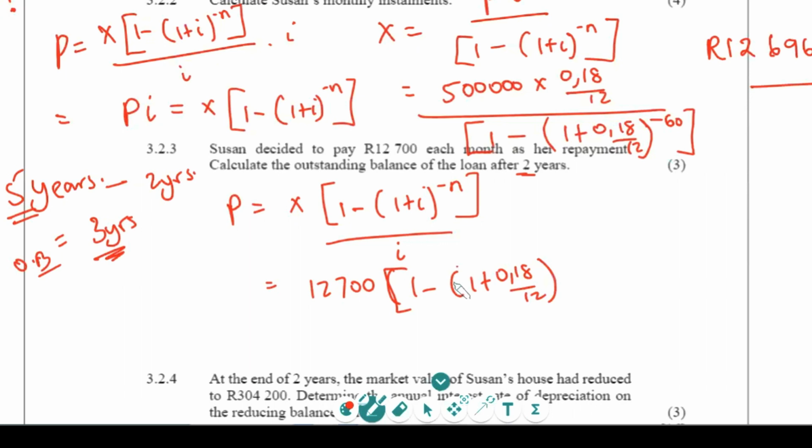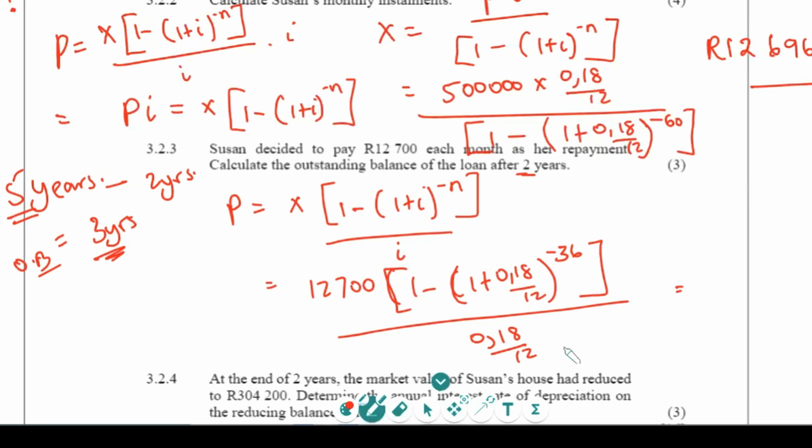And then where there is n, I'm going to say 3 times 12, that is negative 36. And then I'll divide this by 0.18 over 12. Okay, and then I'll just punch this into the calculator.